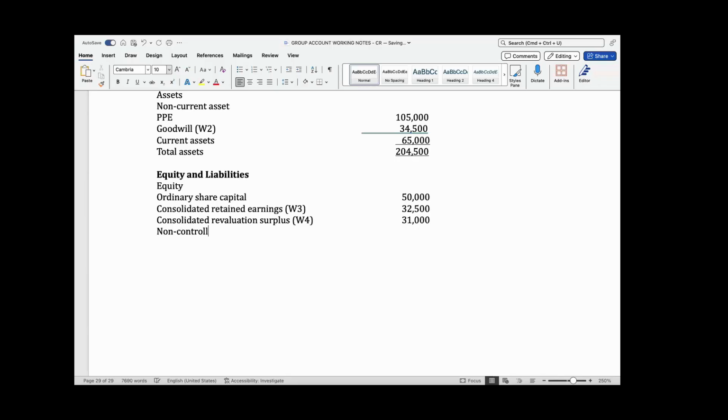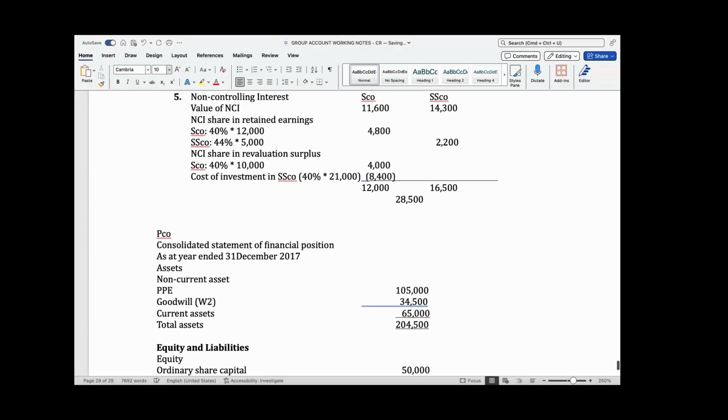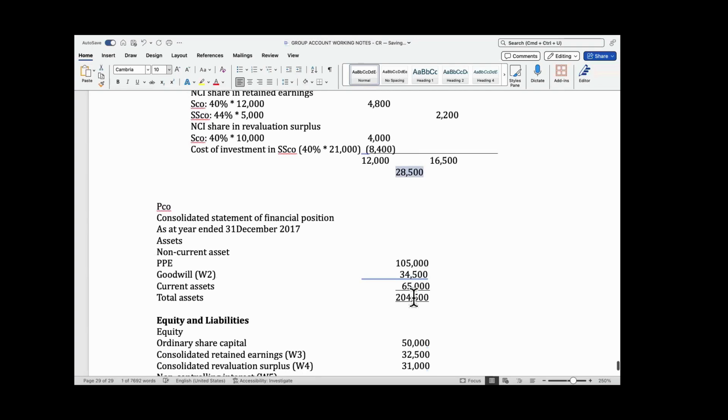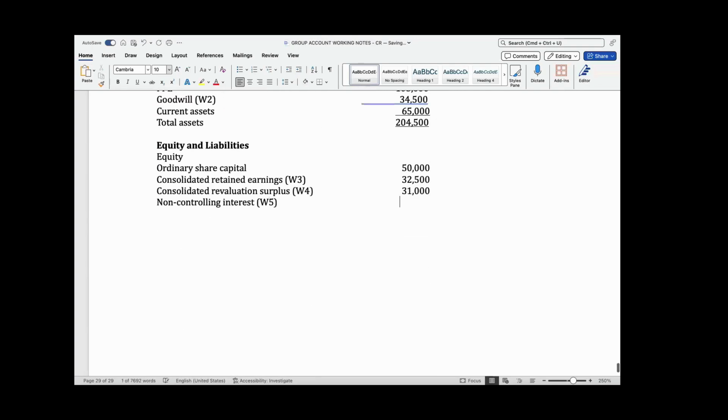Then what's my NCI? 28,500. So what's the addition of all this? 142,000.